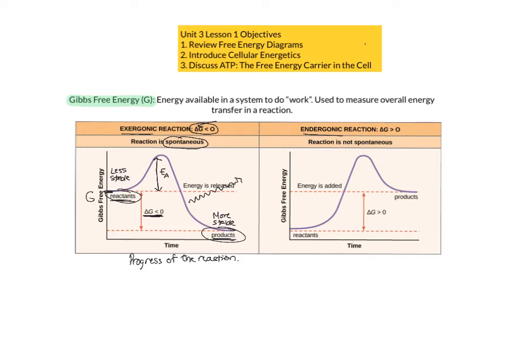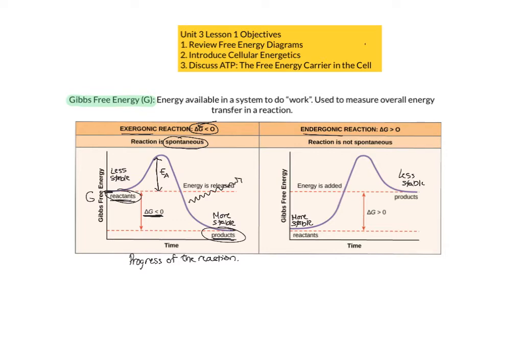Okay, now endergonic reactions, on the other hand, we can think about in a lot of ways as the opposite. So instead of having less stable reactants, we start with more stable reactants, and we end with less stable products.